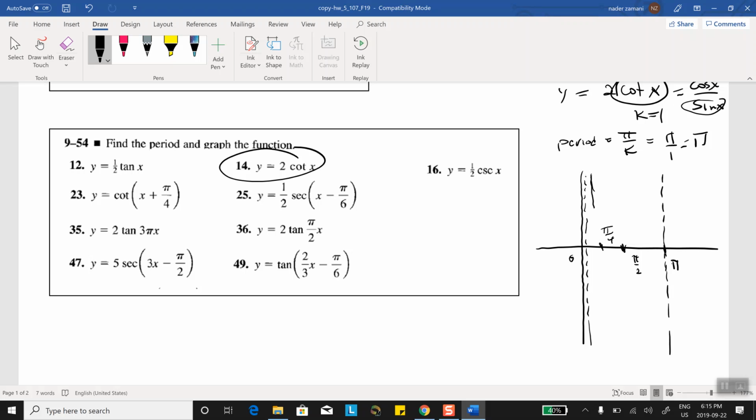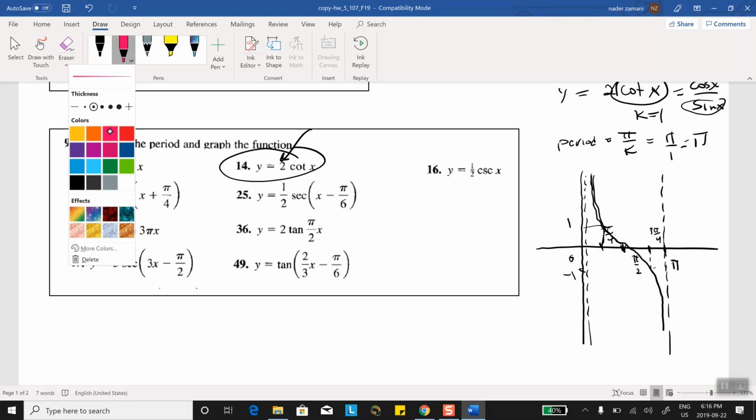So let's put this information together. And there we are. This is the graph, and this height, by the way, is 1. If this was 3 pi over 4, this height is minus 1. Okay? Now we have a 2 there. That means you stretch everything by a factor of 2.